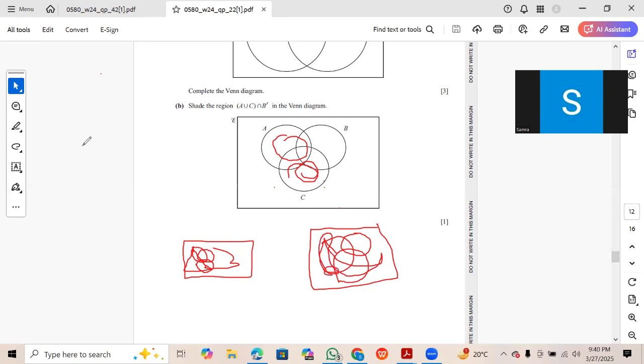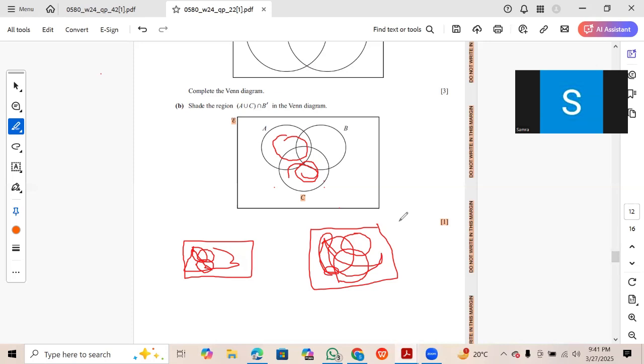I can also use some kind of highlighter here. So this is the B determinant.